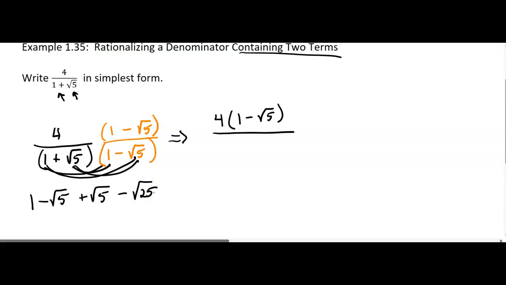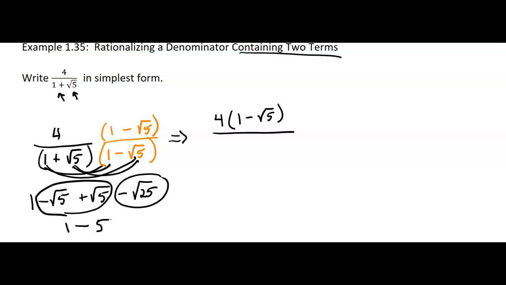Now, when you simplify that, these cancel out because you got 1 negative and 1 positive. Those are going to cancel out and make 0. That's why this works. Okay, so 1 minus, and then we know the square root of 25 is 5, so 1 minus 5. So you don't have a radical anymore. But what's 1 minus 5?